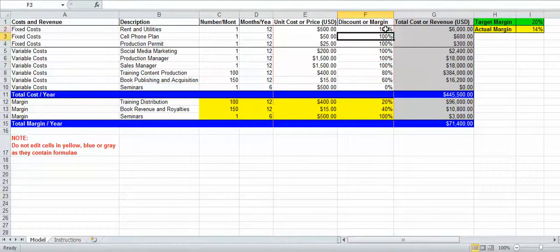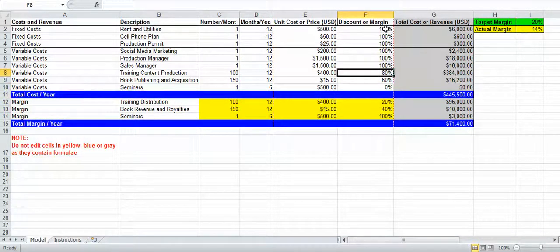So coming back to the percentages here, we have our book publishing and acquisition, for example. And what I've put down is 60%. So what that means is, out of the 100% price, which is $15, 60% of that goes to the book printers and publishers, and the remaining 40% is what we would retain as revenues and royalties.